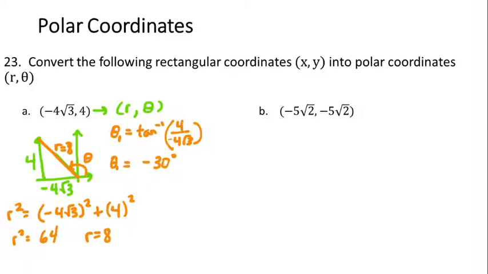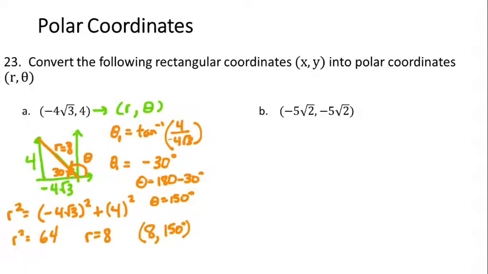All right, now negative 30 degrees, that's obviously not the angle that I'm looking for. That 30 degrees is really my reference angle here inside the triangle. 30 degrees, that's this angle right here. So to find the one that I'm looking for, the actual theta that I need, we're going to do 180 minus 30 degrees, and I get theta equal to 150 degrees. So the coordinates of my point here are 8, 150 degrees.